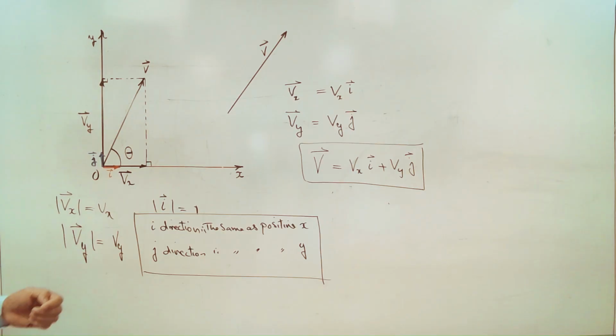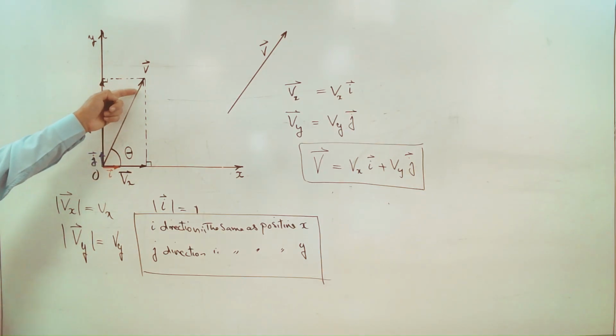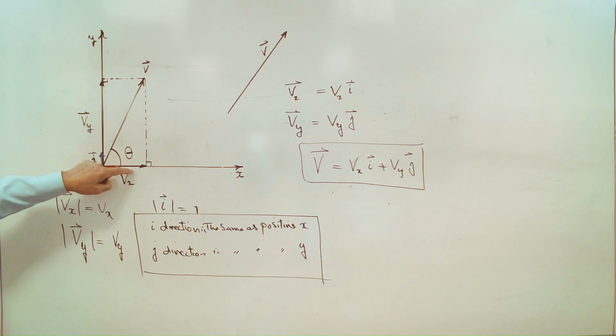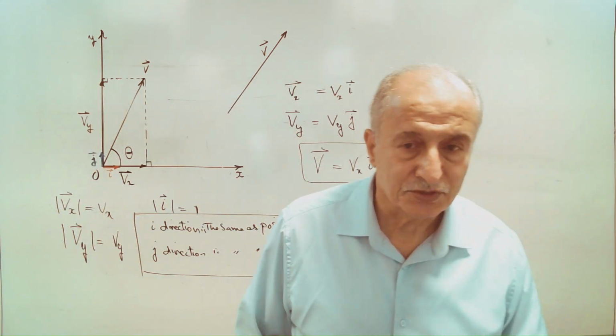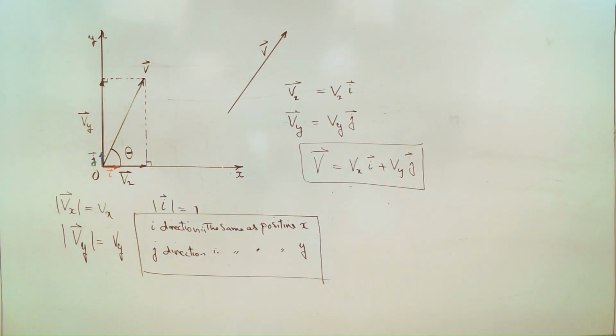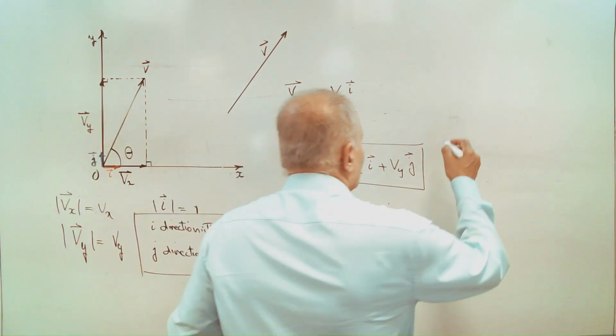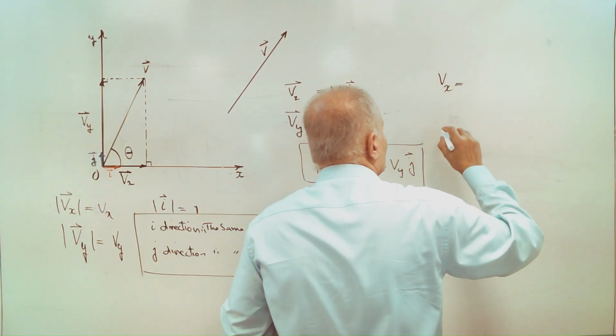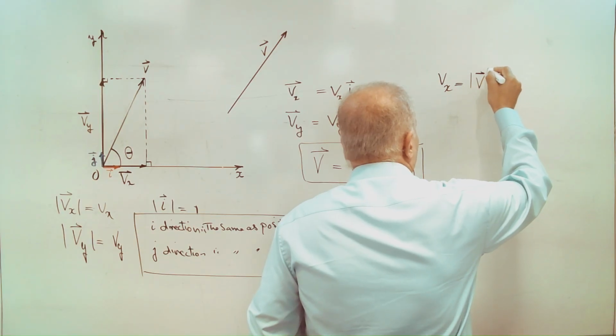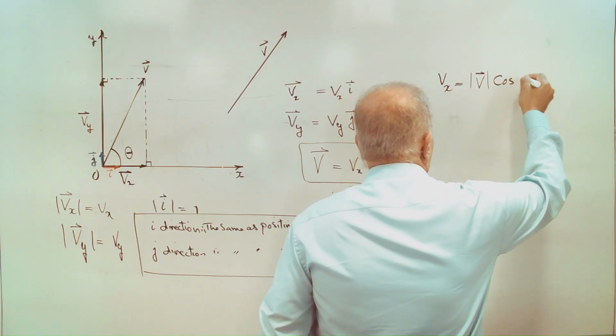And how much is the magnitude? Use the projection, the relation between the hypotenuse, the side that is opposite to theta, and the side that is adjacent to theta. Vx is equal to the magnitude of the whole vector V times cos theta.